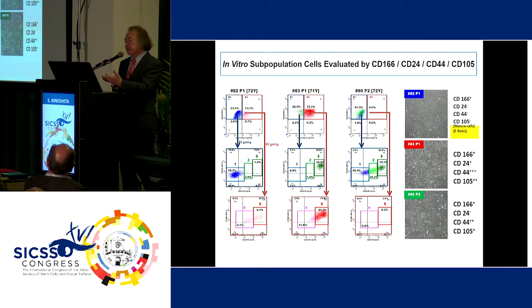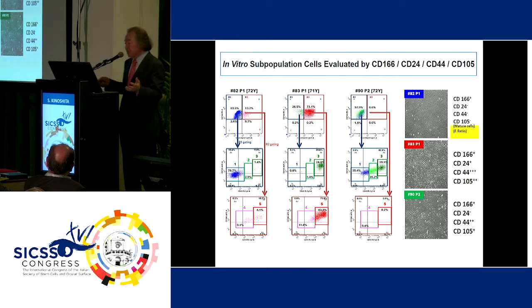Therefore, we try to evaluate what the matured endothelial cells are. Regarding cell surface markers, mature endothelial cells are CD24 negative, CD44 negative, CD26 negative, CD105 negative. And we try to increase the number or proportion of these cells in the culture.